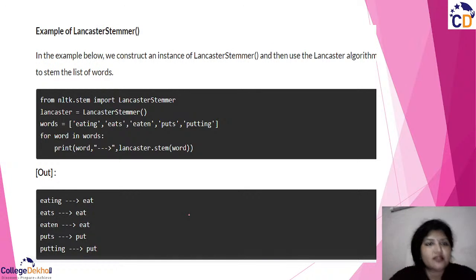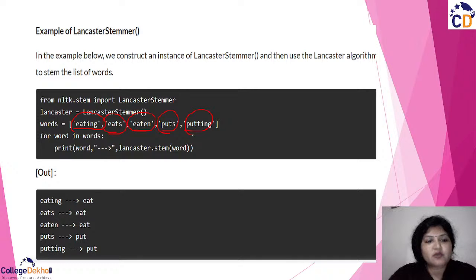Again, let us see some examples of Lancaster stemmer. So we have taken a list of words that are associated with eating or eat, right? Eating, eats, eaten, right? Then puts and putting, right? So there are a number of words in a list, and we are applying the Lancaster stemmer to perform the stemming function.